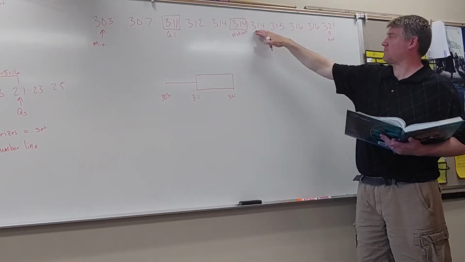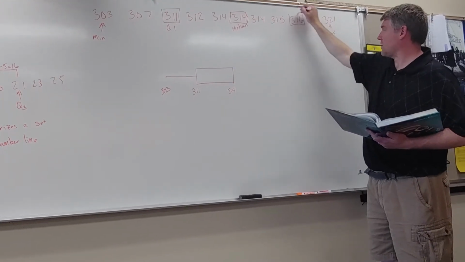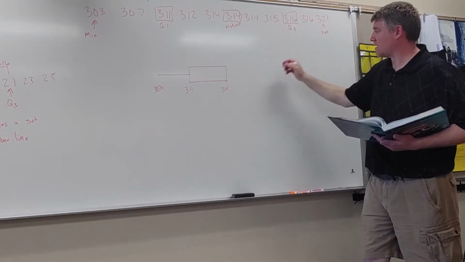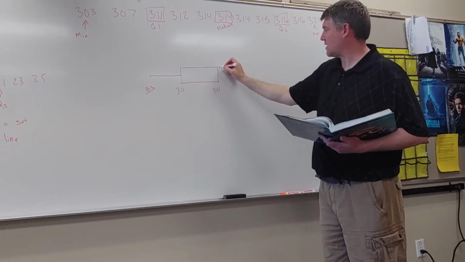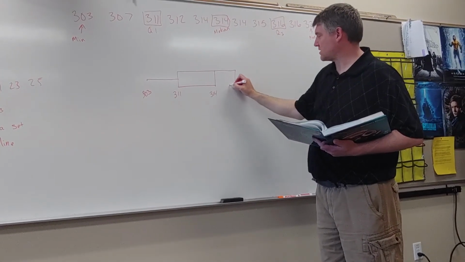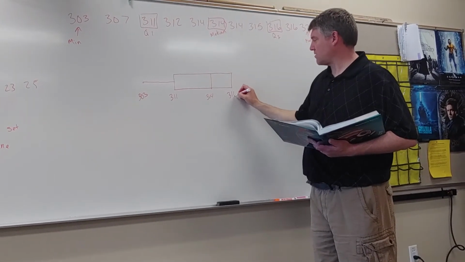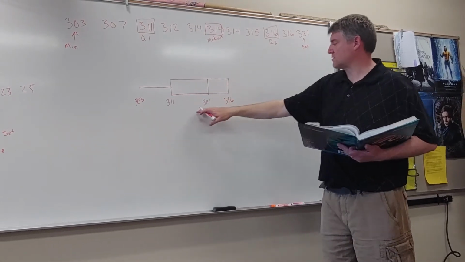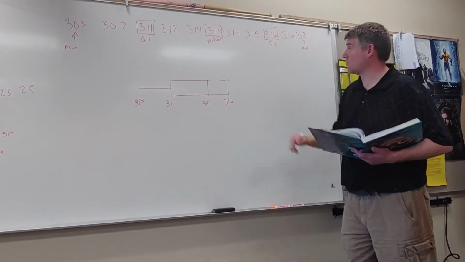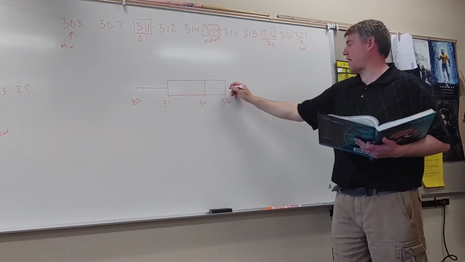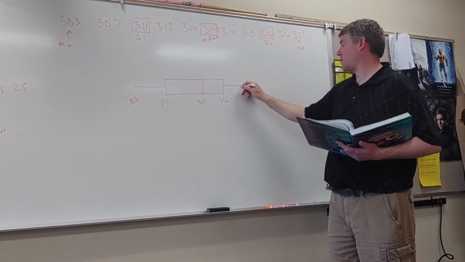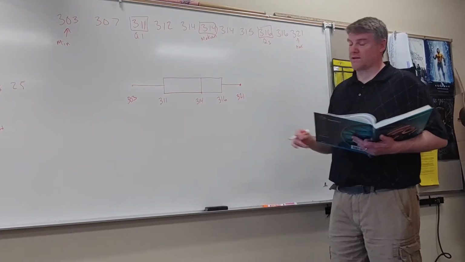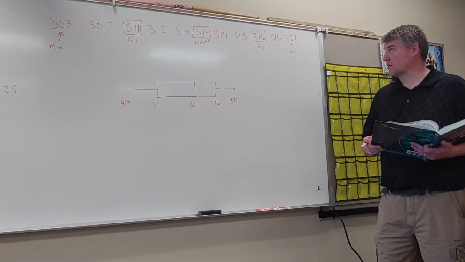So I need to find that middle value, 1, 2, 3. That's quartile 3. Okay, so it's 316. And you notice that this box is bigger because it's a little bit more distance here, 3 and 2. Okay, and I'm going to go out to my max value of 321. There's my upper whisker.